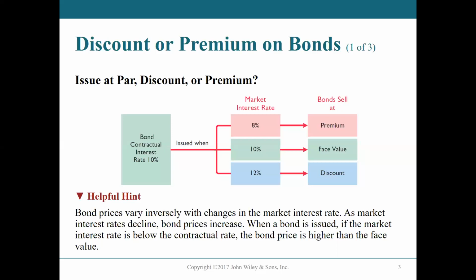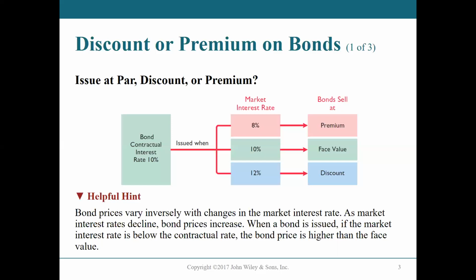Okay, and when they sell that first $1 million worth of bonds, the market interest rate matches the face interest rate on the bond. So they sell them at the face value, meaning they sell $1 million worth of bonds for $1 million. That's it.